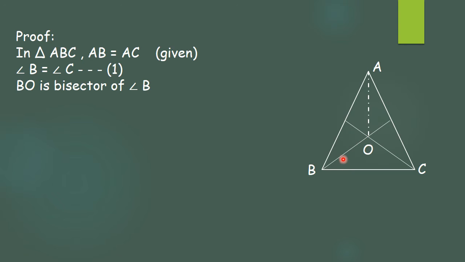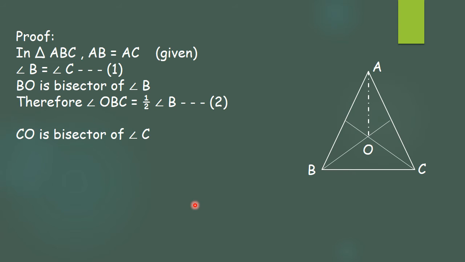So angle OBC will be half of angle B. In the same way, CO is a bisector of angle C, and therefore angle OCB will be half of angle C. We'll call these numbers 2 and 3.